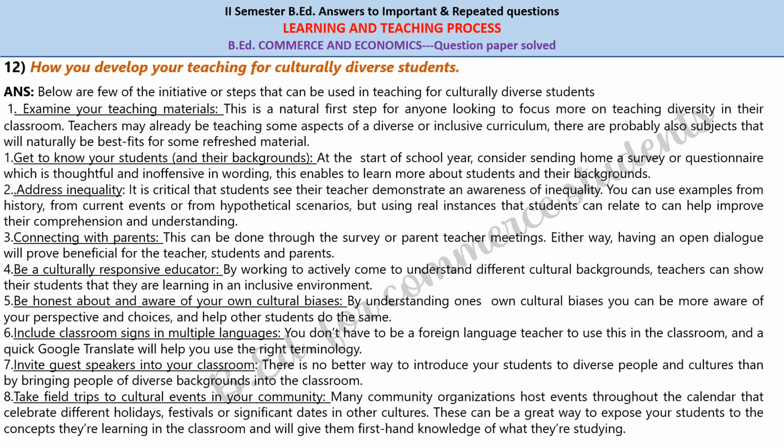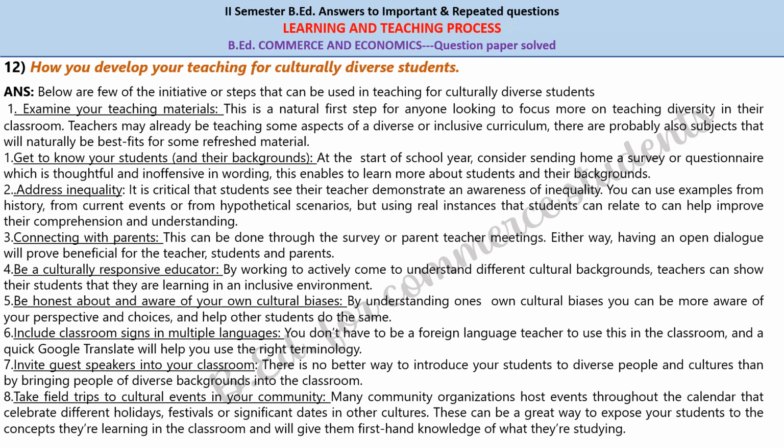Include classroom science in multiple languages. This is also one form of help, by using Google Translate for the right terminology and pronunciations, we can actually help students of diverse cultural backgrounds to understand or be familiarized with the subjects.